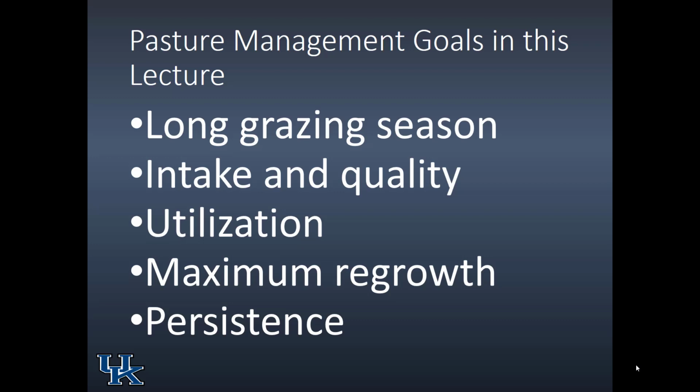Number 2, having enough forage so that the intake and the forage quality is not limiting. Number 3, you want to have appropriate amounts of utilization, and we'll find out that you can overutilize pastures, and that winds up making that not very productive as a farm. We want to manage for maximum regrowth from the pasture plants, and we want to manage so that the pasture plants that we have will persist.